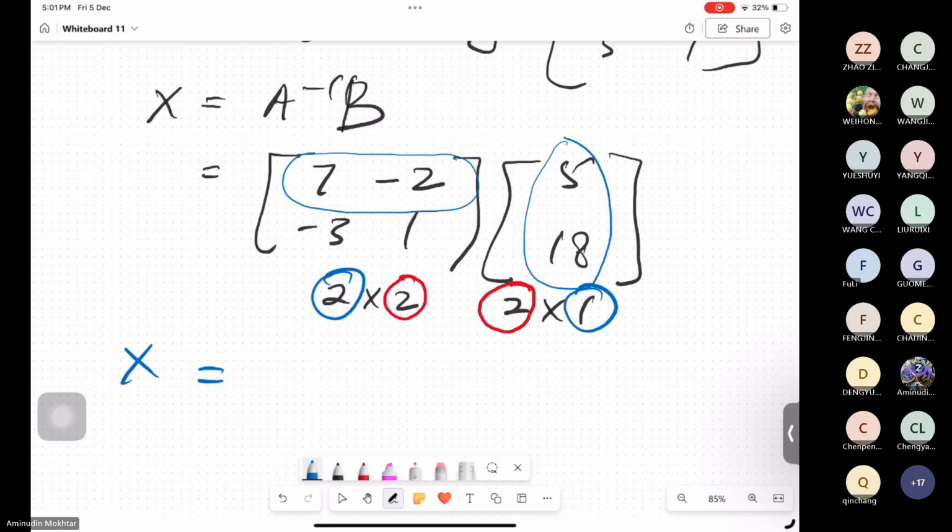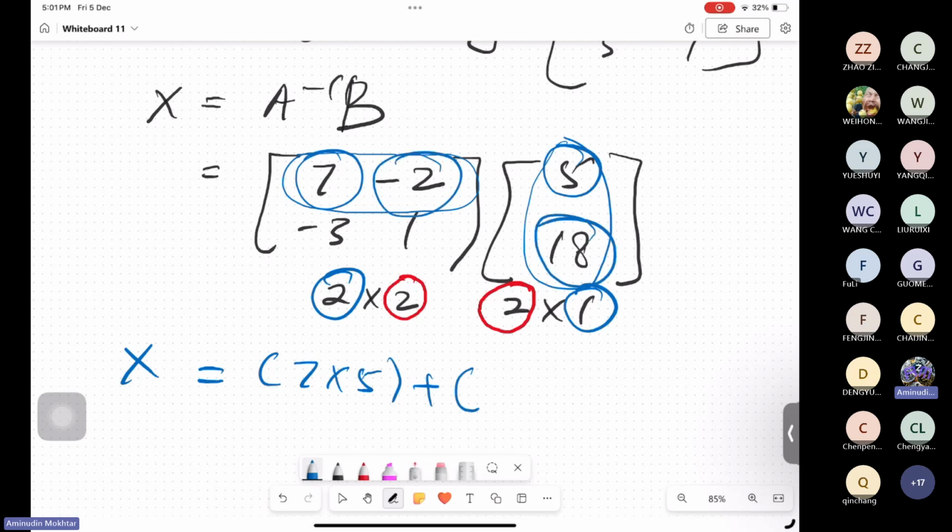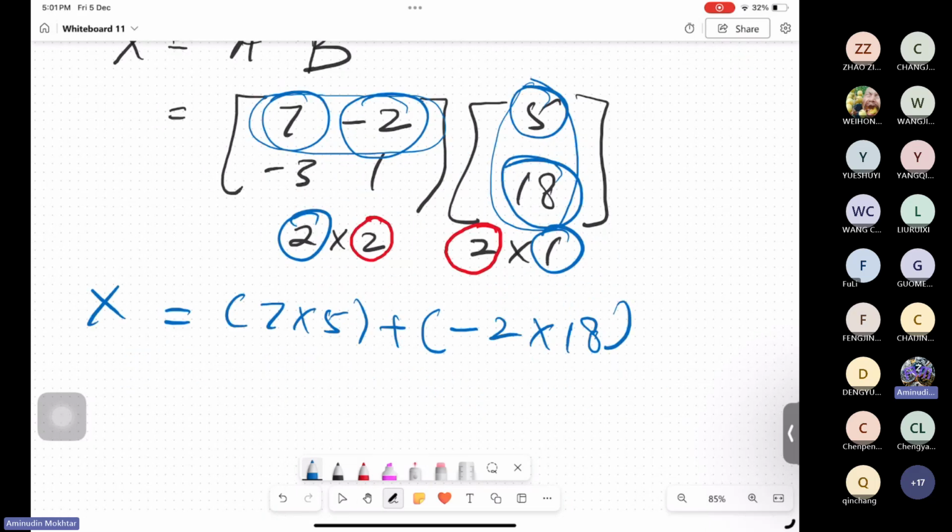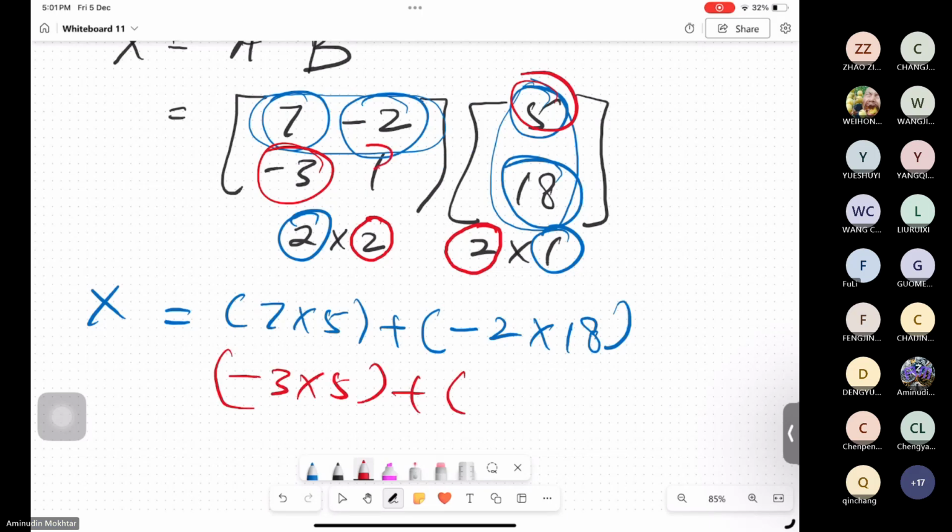That is 7 times 5 plus negative 2 times 18 for the first row. For the second row, negative 3 times 5 plus 1 times 18.